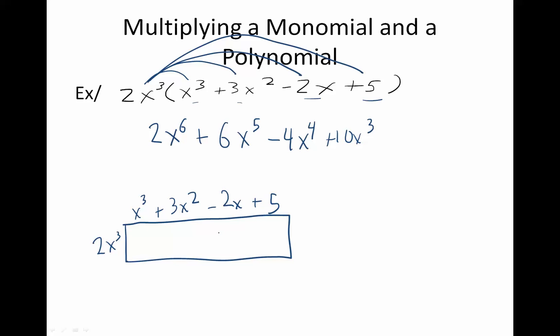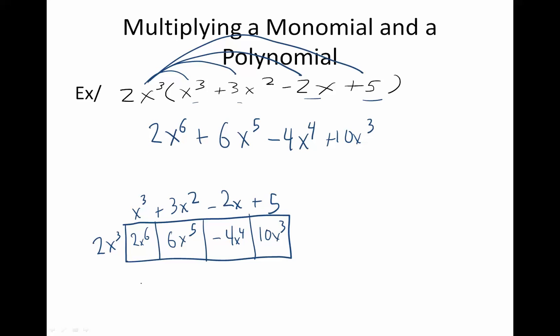But again, it's so hard to describe what this area is because it's variables. What we can do is separate these into boxes and just multiply these pieces together. So 2x cubed times x cubed makes the 2x to the 6th. And then this makes the 6x to the 5th. And then this makes the negative 4x to the 4th. And then this one makes the 10x cubed.